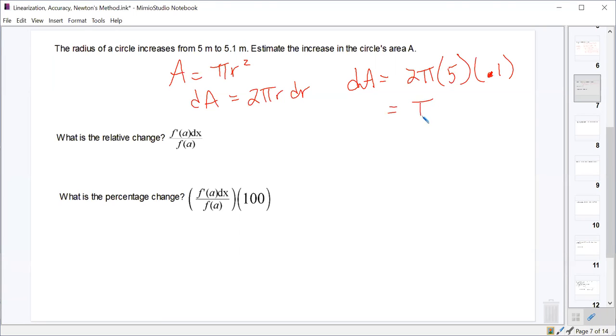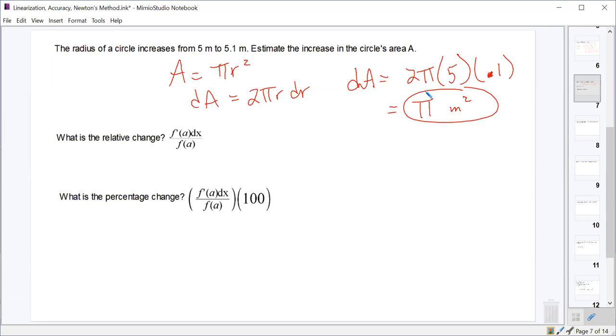That gives us a change of about pi meters squared. Everybody good with that part of it? Yes. Okay.